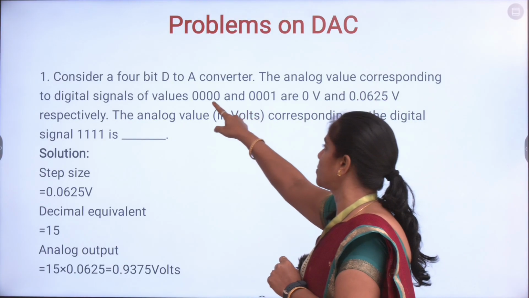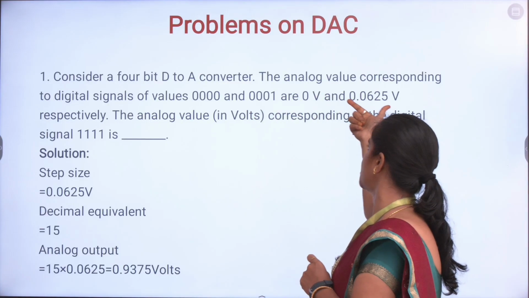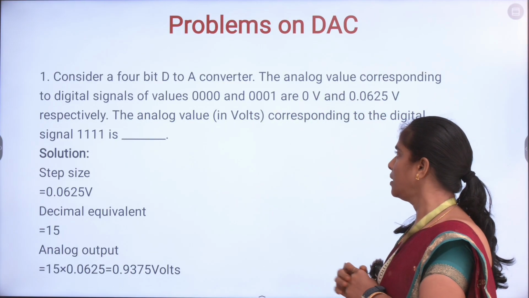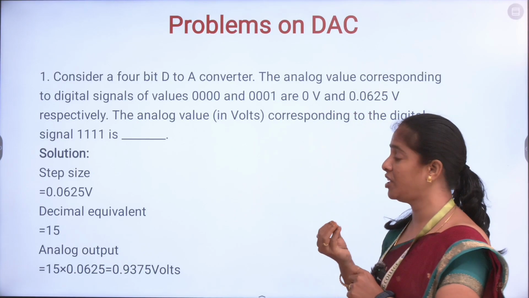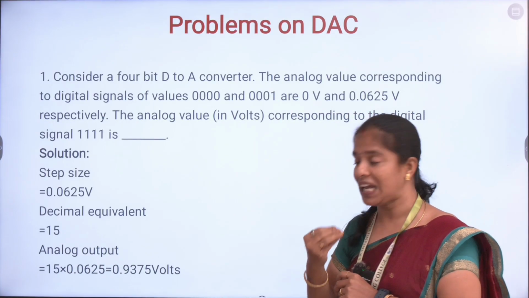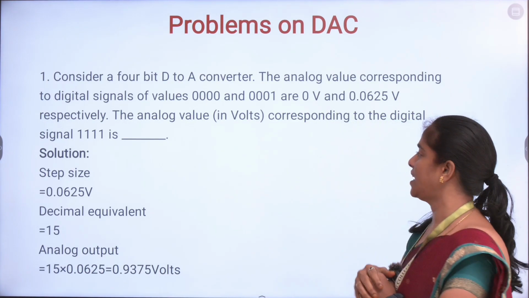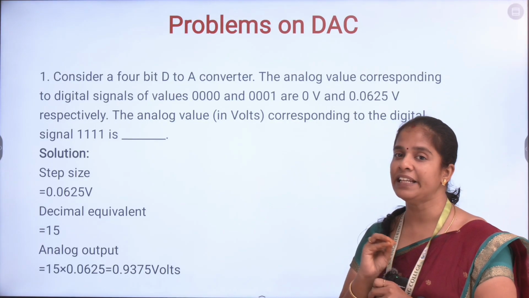That is, the voltage corresponding to this pattern is 0 and the voltage corresponding to the next pattern is 0.0625. From this, it is very clear that the 1-bit position voltage, which we call the step size, is 0.0625 volts. With the help of this step size, we can find the analog voltage corresponding to any digital pattern.